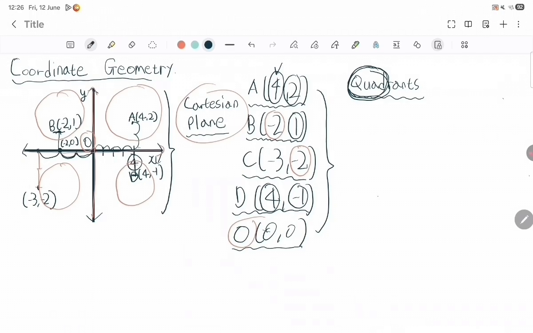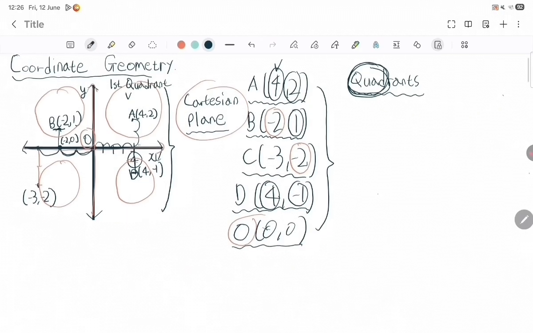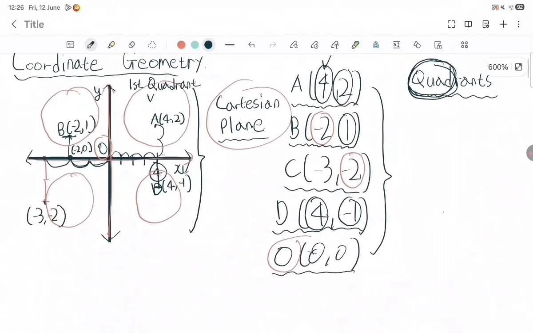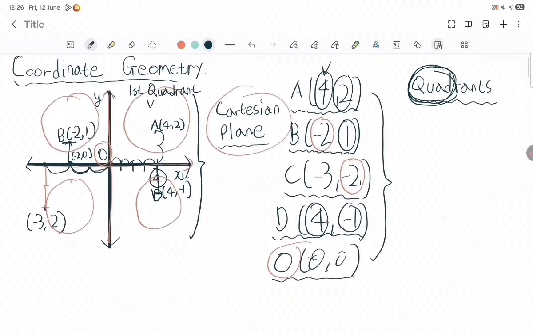Okay, so we are gonna name this one the first quadrant. This is the first one. And then this is the second one.